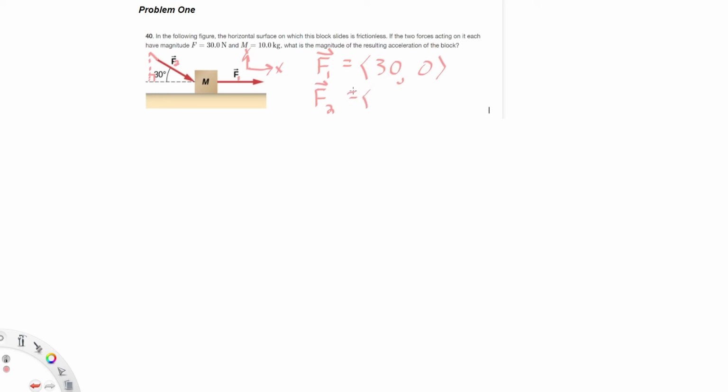So the x portion of this force is going to be 30 cosine 30 in the x direction, and it'll be minus 30 sine 30 in the y direction, where the minus sign comes from realizing that this force is going down into the right, and down is what we've defined as the negative y direction.